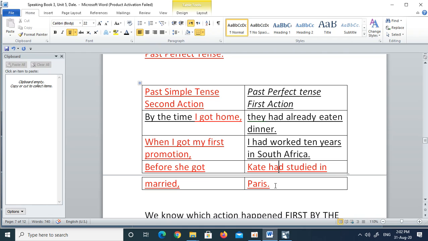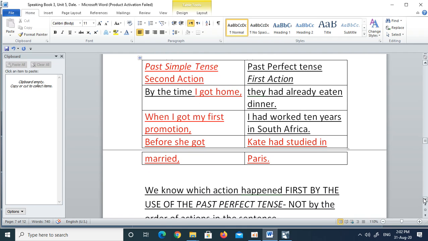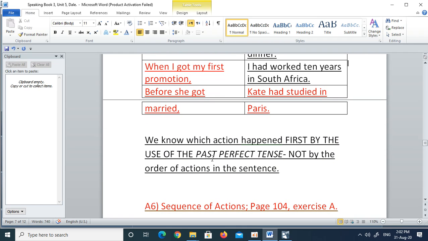We can change the order of the clauses in the sentence, but what tells us which action happened first is the tense. What tells us which action happened second is the tense. We know which action happened first by the use of the past perfect tense, not by the order of the actions in the sentence.